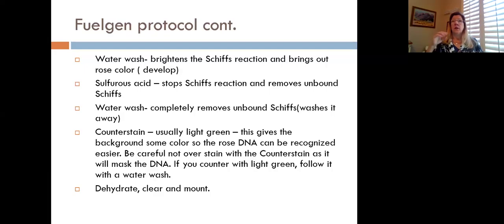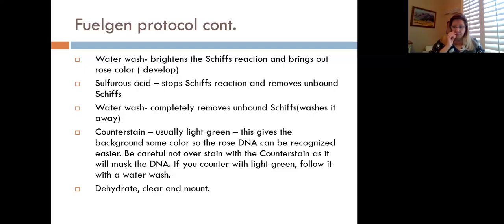So you may not see any of that pink dye on your slide when you come out of Schiff's. It's not until you hit it with water that the pink color is going to rise. So you give it this nice long water wash after the Schiff's, and that's going to develop that rose pink color to come to the surface.